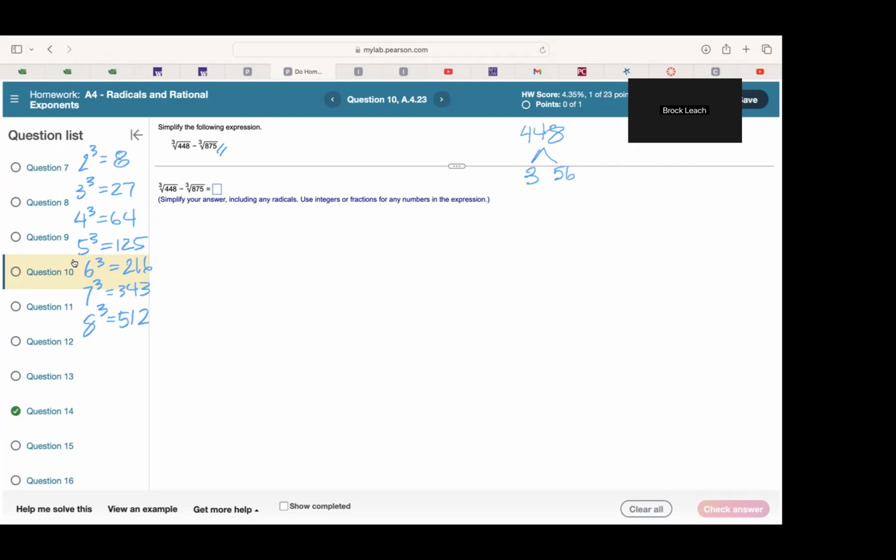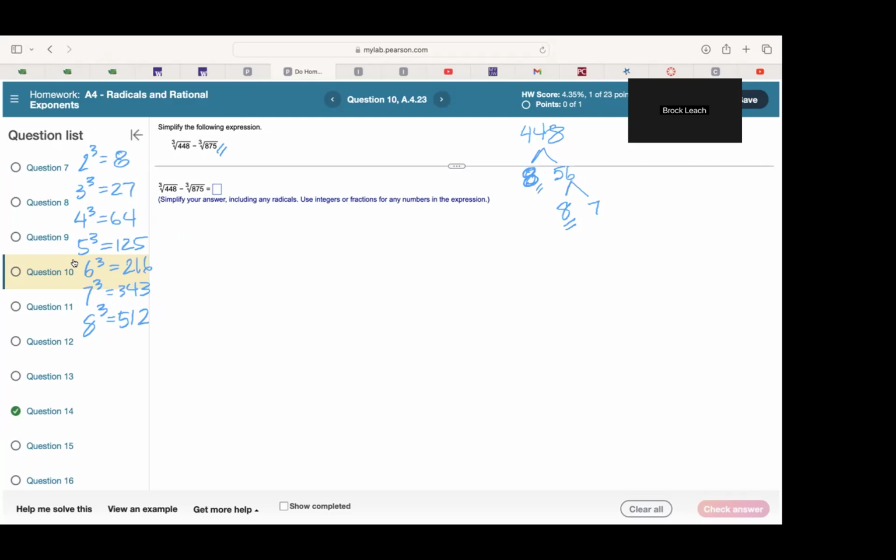No. What did I do? Oh, I divided by 8. It is 8 times 56. Is there another perfect cube in 56? 8 times 7 is 56. Right, so there's 2 cube roots here.